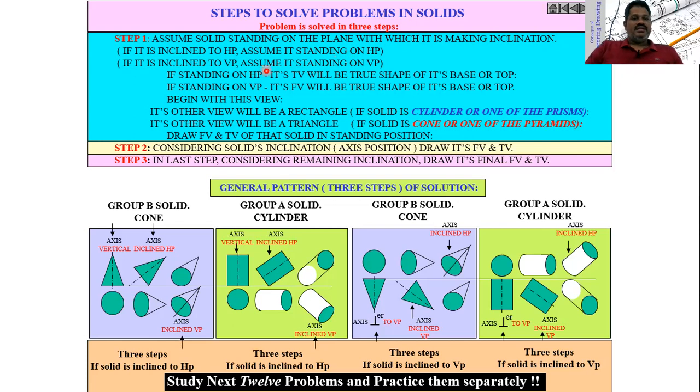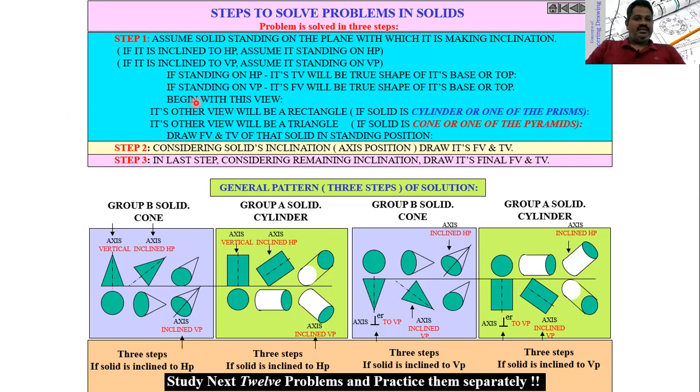Then proceed further. If standing on HP, look at its top view. If the base is standing on HP, the top view will be the true shape of its base or top. Then if it is standing on VP, its front view will be the true shape of its base or top.